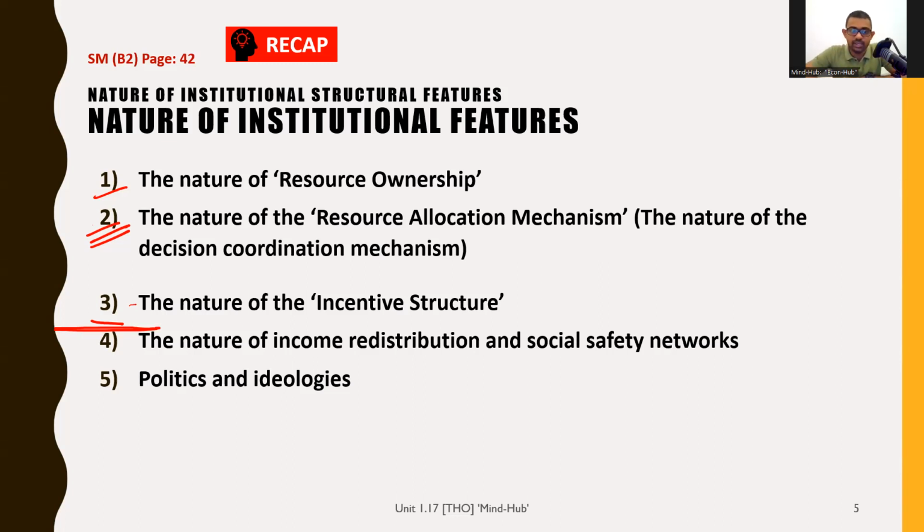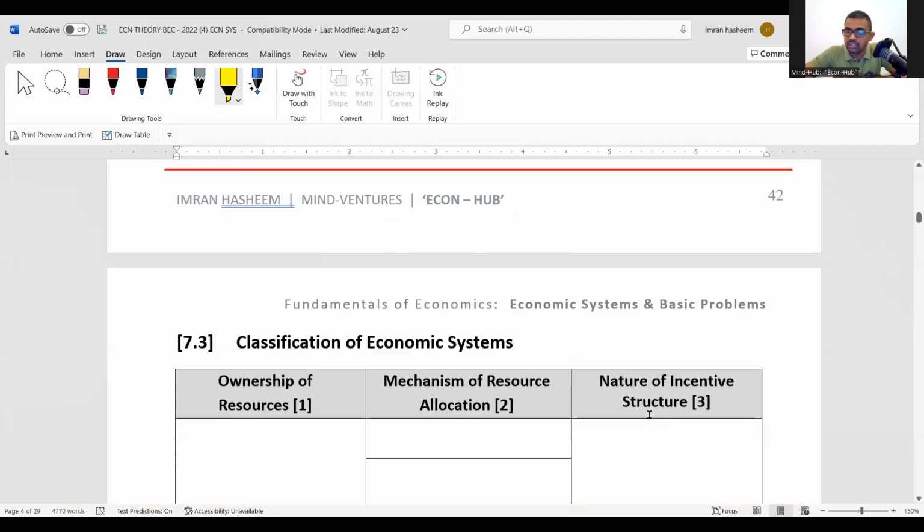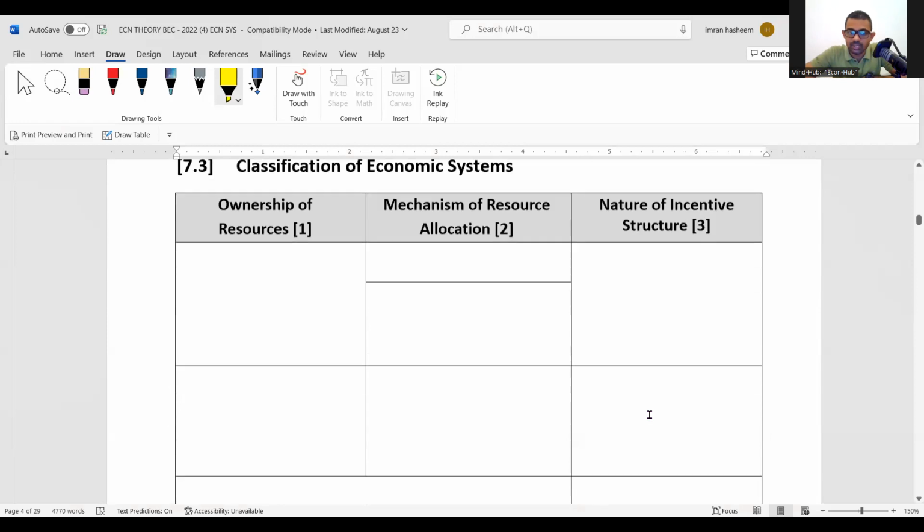If one of you asks me, sir, in chapter 3, that is economic systems and solving basic economic problems, what is the most important page, the most important area that I should focus on? What is the base of chapter 3? If that question was asked of me, my answer would be page number 43, this particular table.